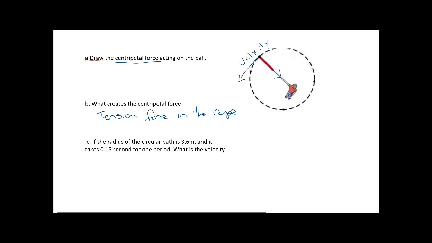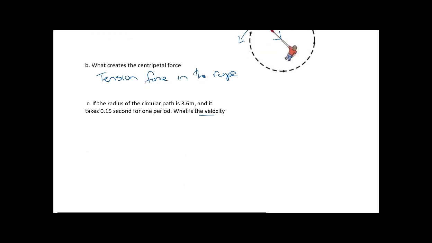Now the next one is asking for velocity. It is just distance divided by time, but the distance we're talking about is the circumference of a circle, going all the way around, which is 2 pi r, over the time it takes to go around, which is 1 period. If they hadn't given you the period like that, you may have to work it out based on some other information.